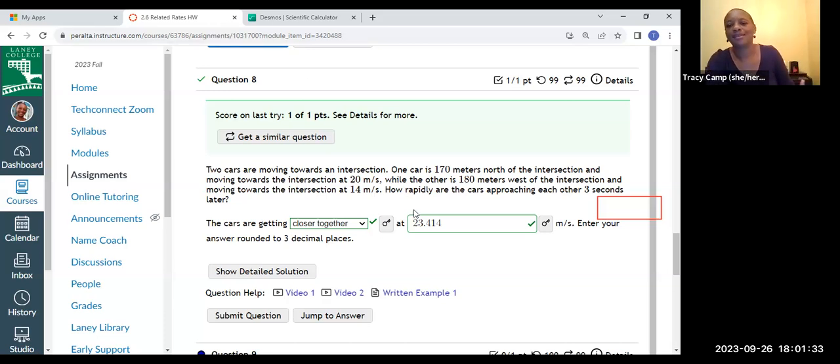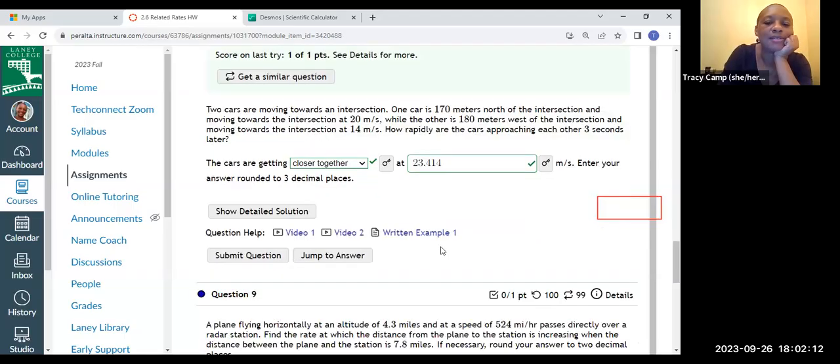And they're asking you to speak regular English language versus math language, right? If you were speaking math language, all you would have to do is say the rate of C is negative 23.414. And that would tell a math person who's reading it that the distance between those cars is decreasing. That would tell a math person the cars are getting closer together, right? But I guess they're asking you to write this in everyday language.